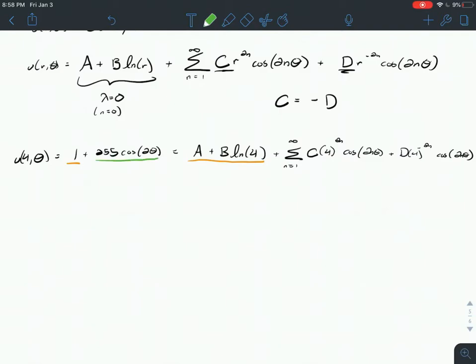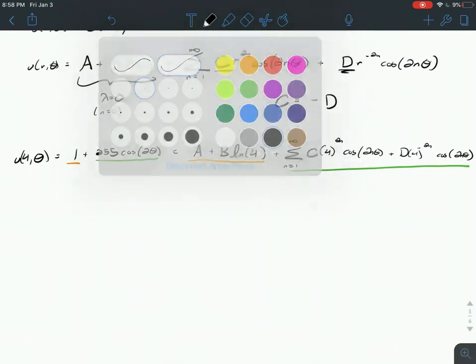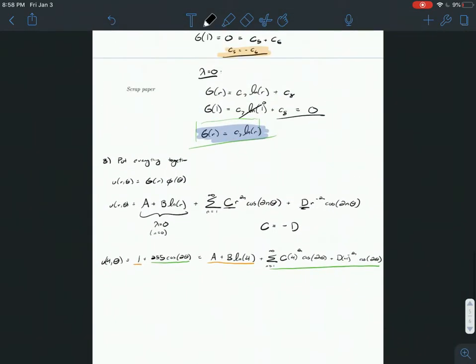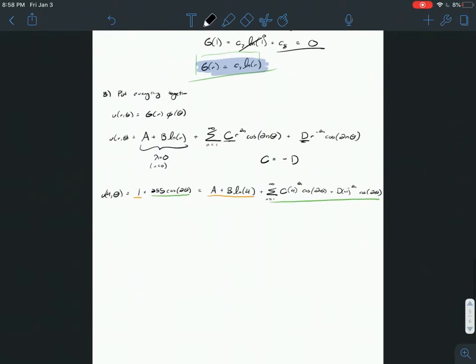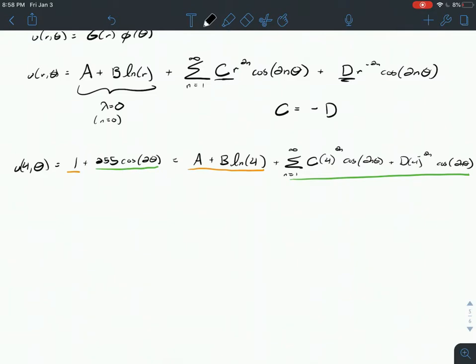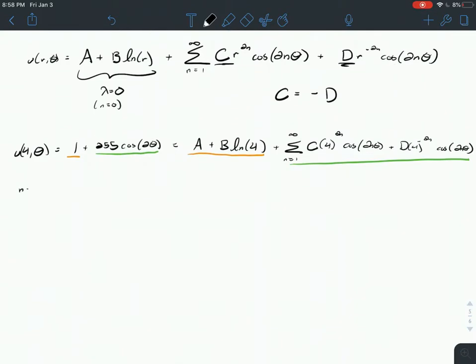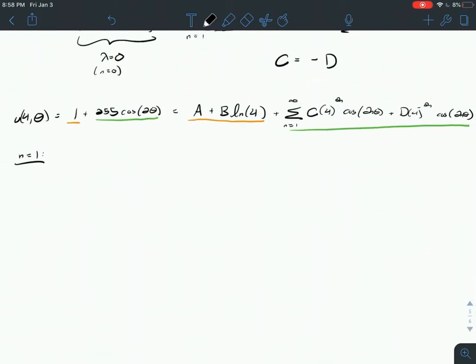Similarly, these underlined green terms and these summation terms are similarly related to one another. Now the question that arises is how you find them. Well, that's not that bad. So let's tackle the green solutions first. So for when n is equal to 1, in orthogonality principle, we find that the coefficients are equal to 255 in some manner. So for when n equal 1, we have this specific relationship.